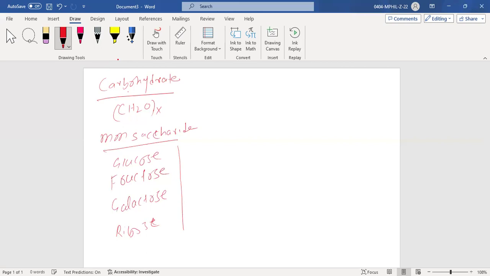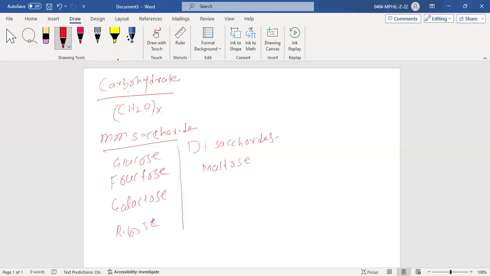Got it? Then you will have a disaccharide. There are some disaccharides. For example, you have maltose, right? So maltose is a disaccharide. What do you mean by disaccharide? It means it has 2 subunits. Disaccharide, like maltose, is formed by the combination of 2 glucose, right?